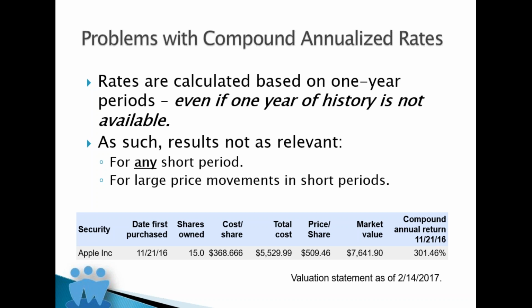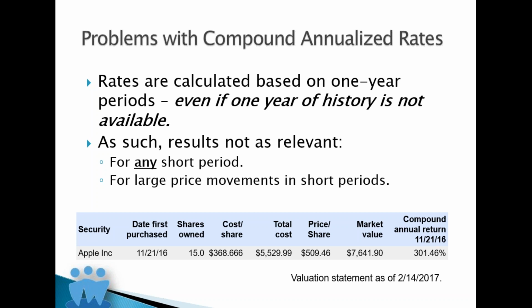Now, does this mean that this value is incorrect? No, it's absolutely correct. If this security continued to grow every 3 months, going up almost $150, then yes, it would grow. It would triple every year. But in reality, that's not likely to happen.